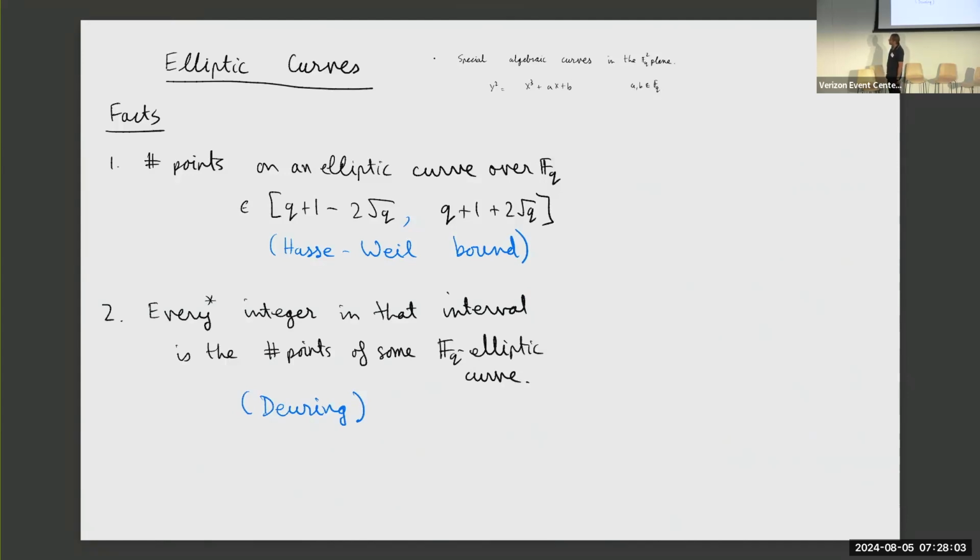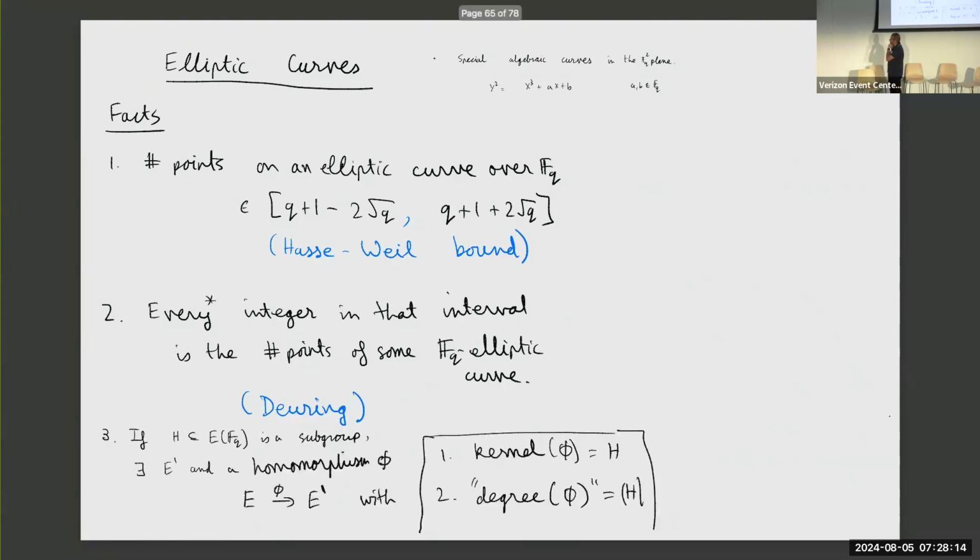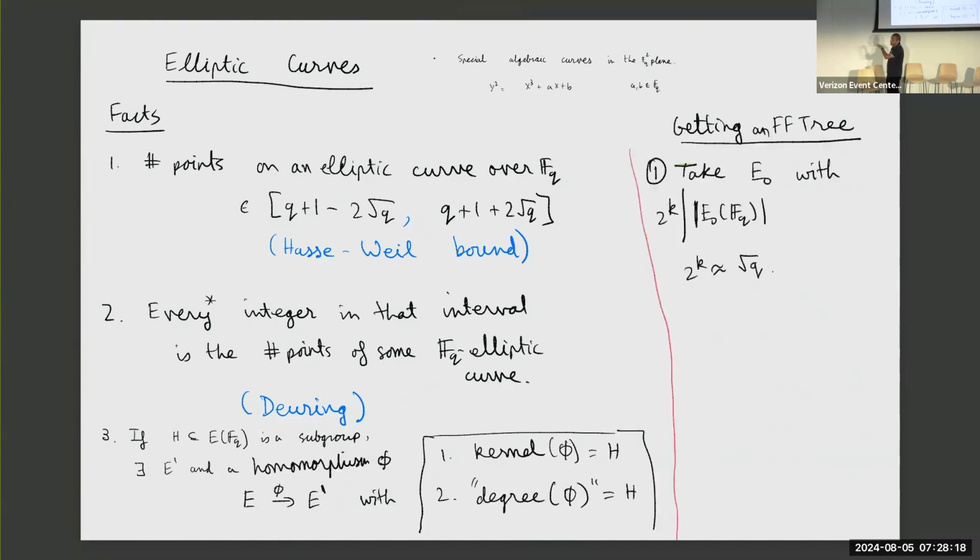Okay, so we will take an elliptic curve size which lies in that interval, which is a multiple of a large power of 2. There is always a multiple of a large power of 2 sitting inside that. Great, and we will take that. That gives us the substitute for the roots of unity of size 2 to the k.